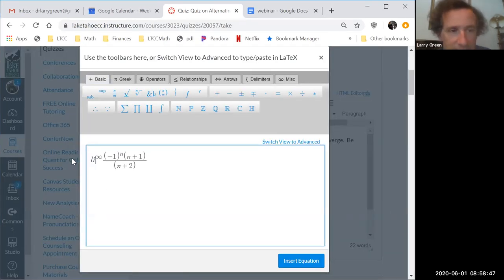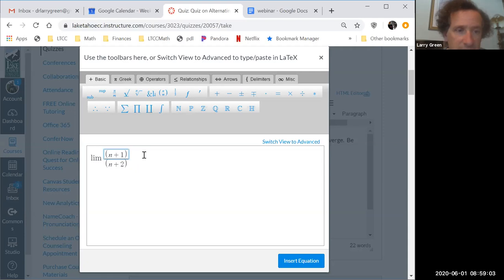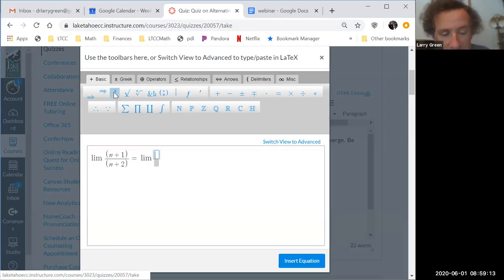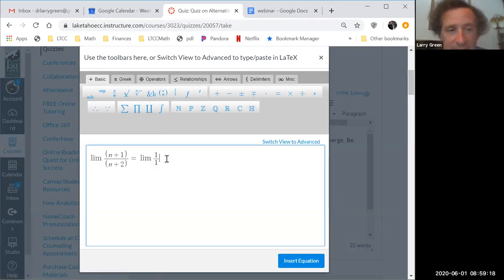We're going to take a limit of the, you could do the absolute value, you might as well, but you don't have to. Okay, we could just do L'Hopital's rule on this. It's very simple. There's a limit of 1 over 1 by L'Hopital, because the numerator and denominator both go to infinity when n goes to infinity, and 1 over 1 is 1.